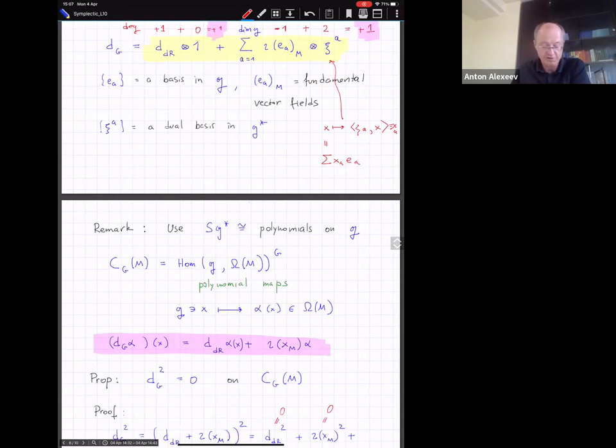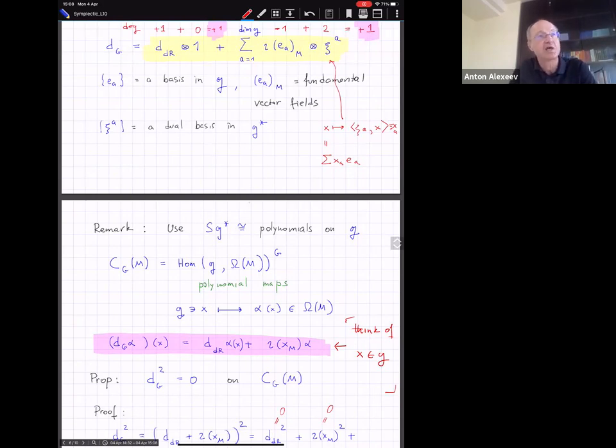But now notice that in this concrete formula, and let's say this is a remark, we can actually think of x as simply a concrete point in G. So I can forget the fact that it came from some polynomials. I can just say, I'm interested in the forms which are killed by this operator, d plus iota of x.